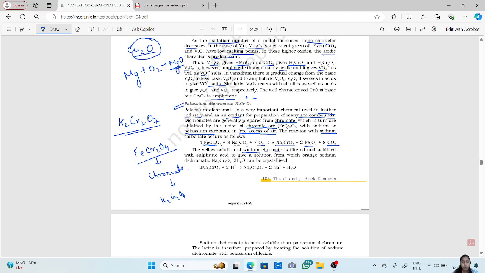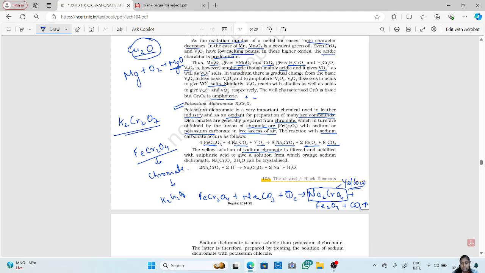So once you combine FeCr2O4 with Na2CO3 plus O2, you get Na2CrO4 plus Fe2O3, and carbon dioxide is released. Now this sodium chromate is yellow in color.